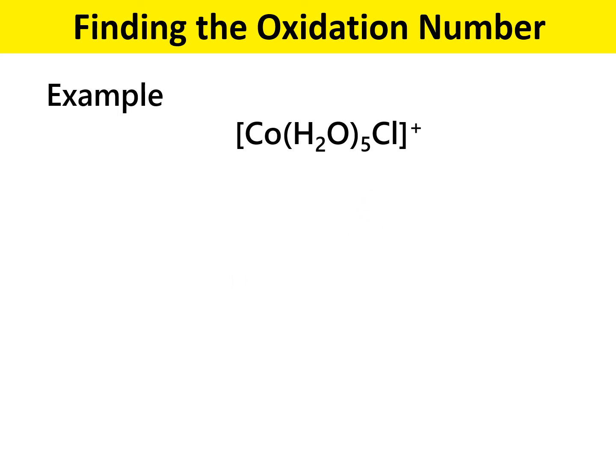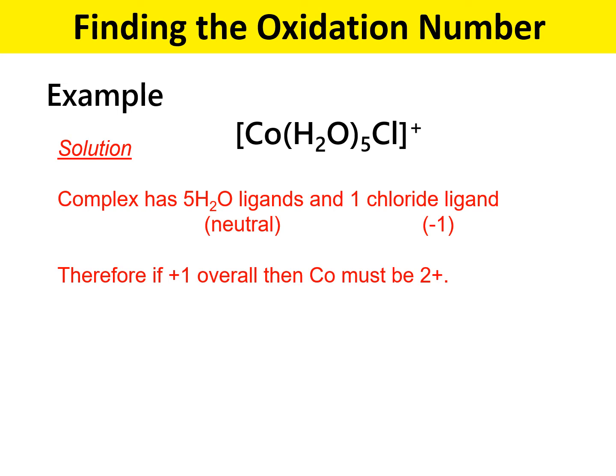So if we start to do our calculation, if we have an overall charge of +1, then the cobalt must have a charge of +2. You might want to pause the video and try the example given below. And the answer for nickel is in the +2 oxidation state.